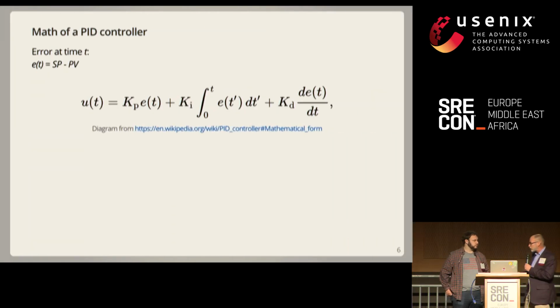A PID controller is named such for its 3 terms that are used in it. There is a proportional term, an integral term, and a derivative term. Each of these is expressed in an error value. Your PID controller takes as its input a set point, which is your target value, and the process variable, which is the measured state of your output.